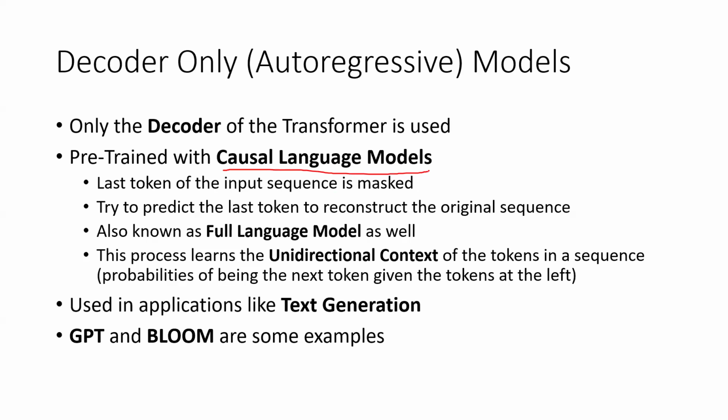The difference in the context learned by these models is that they can learn only a one-directional, or unidirectional, context of the tokens, unlike the encoder-only models, which have the bidirectional context. That means these decoder models don't have the two-way meaning, but a meaning learned when the words are read in a certain direction.